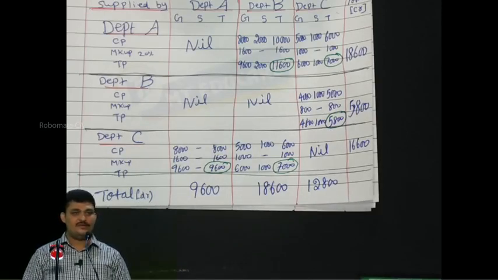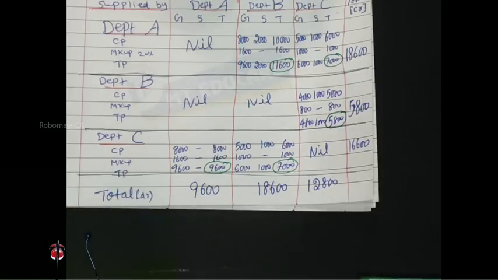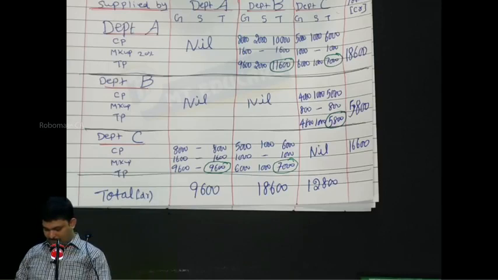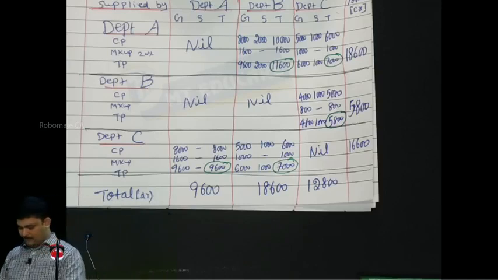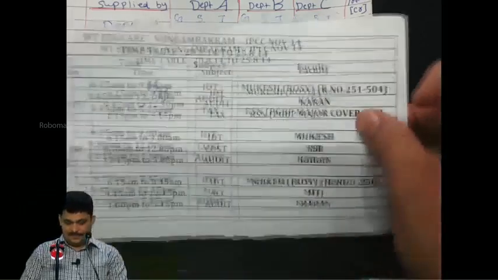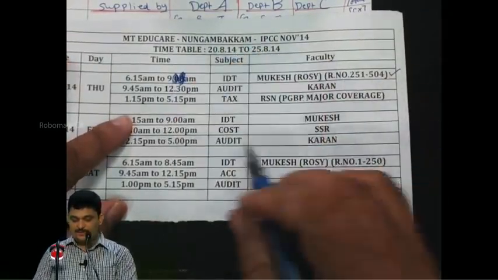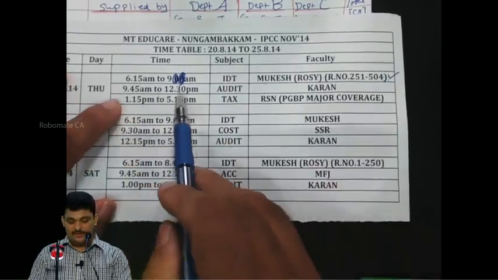There is a small change. The first session will be at Rosie Davis up to 9 only, 6:15 to 9, and 9:45 to 12:30 audit.